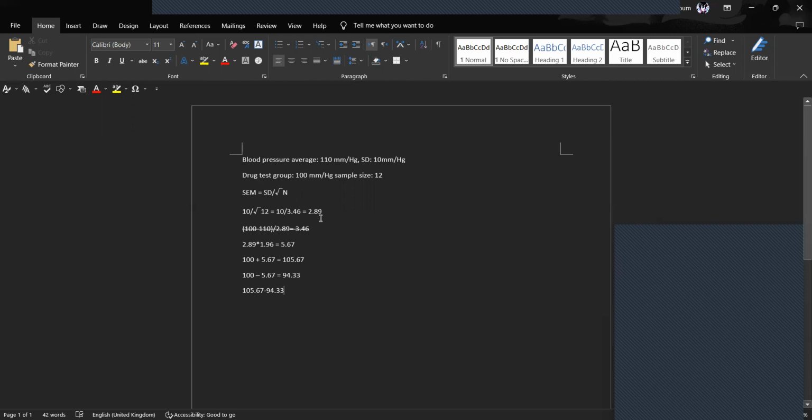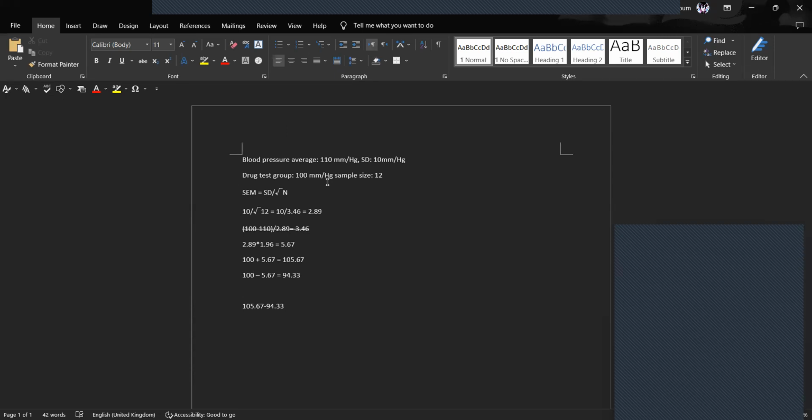Right? So considering that the drug test group's actual mean is 100, then 95% of samples that we take out of the drug test group will have means that lie in this area, right? So it could be, for example, 103 or 96 or something like that.